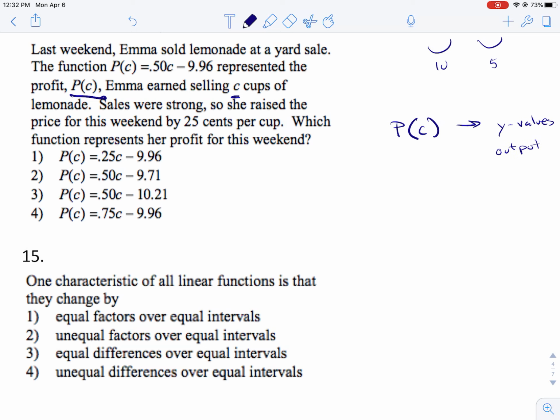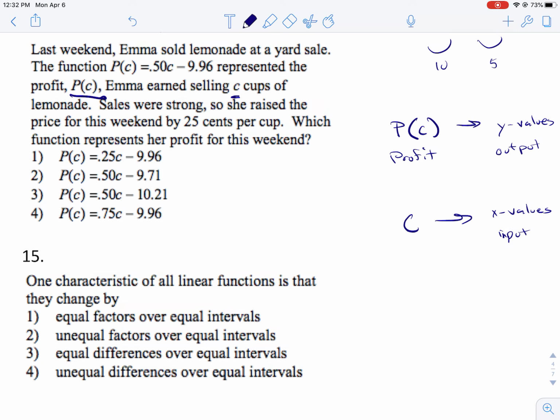All right, so let's think about this. So P of C is our Y values, right, or our output. Okay, in this case, it's our profit.